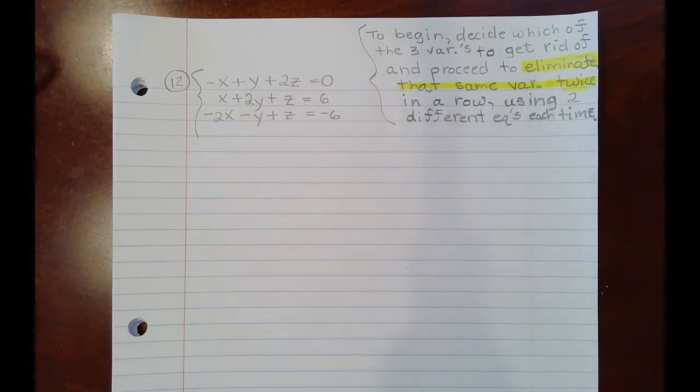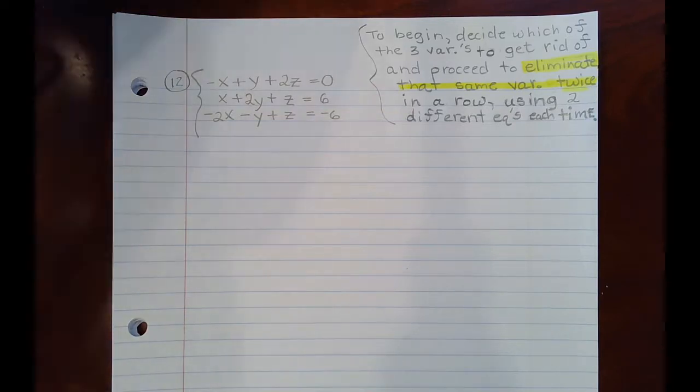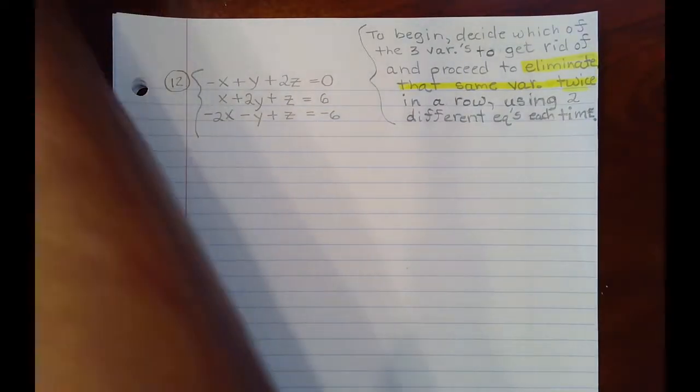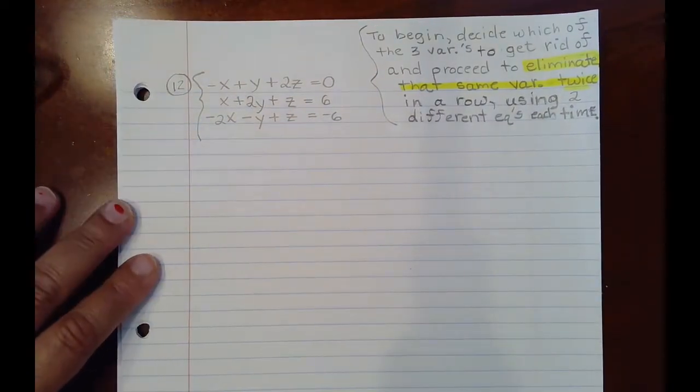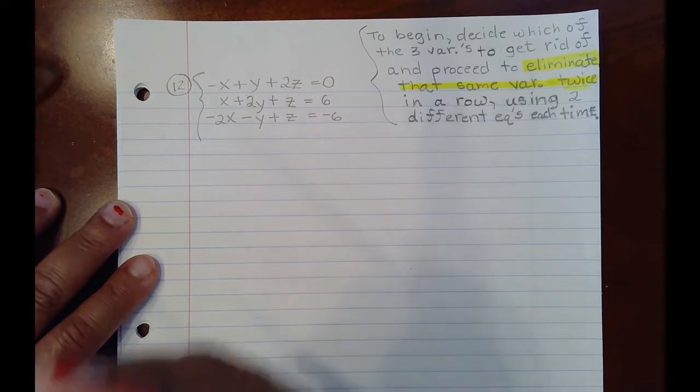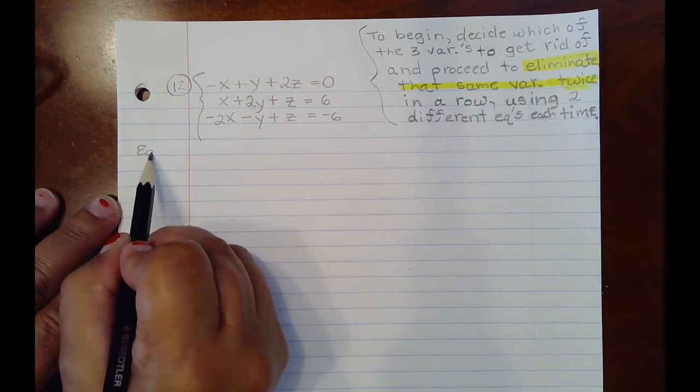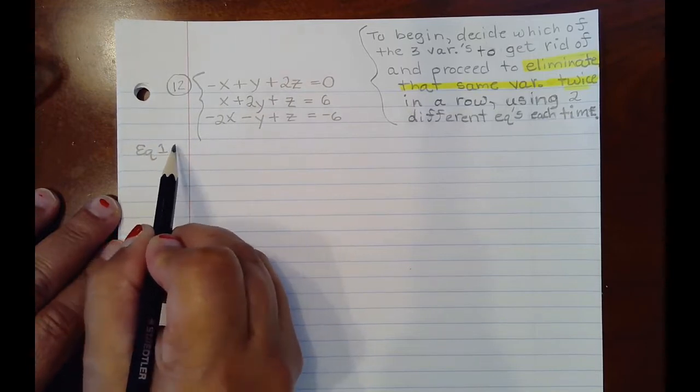So let's take a look at what we have here. I think what would probably be the easiest thing is to get rid of the x's. Although you can go after whatever variable you want, I'm going to make a choice to get rid of the x's. I'm going to be using equations 1 and 2.